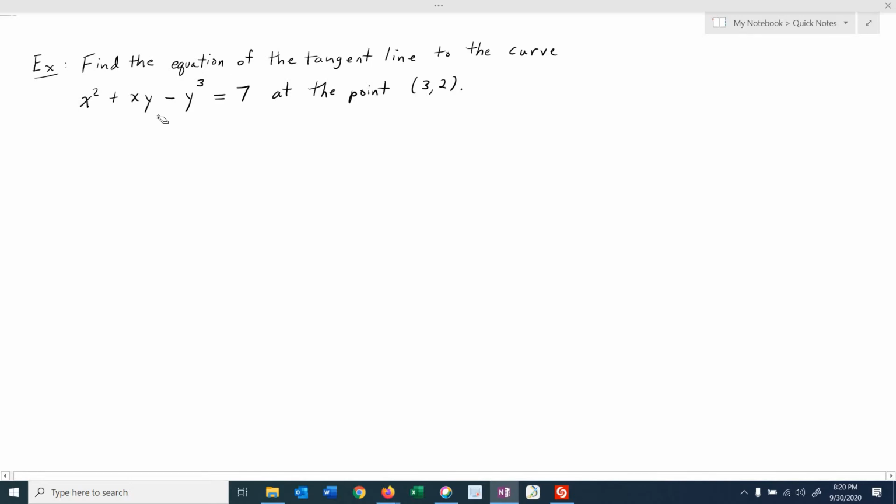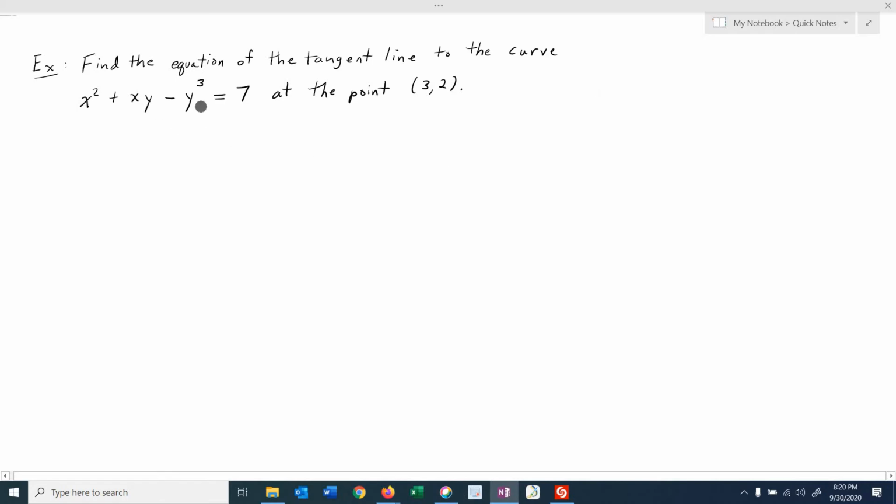We can't use explicit differentiation like we did in the past because we can't isolate the y in this case. Remember, when you use explicit differentiation, you have to isolate the y first. In this case, that's just not possible. We can still find the derivative, dy/dx, using implicit differentiation.